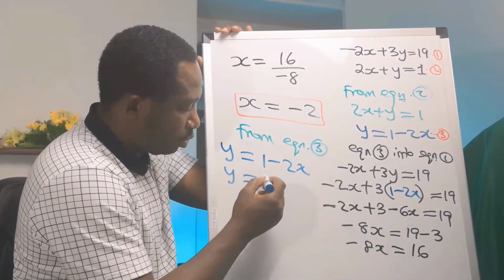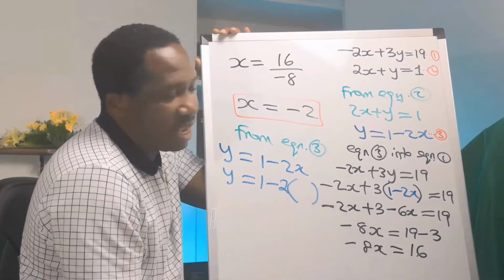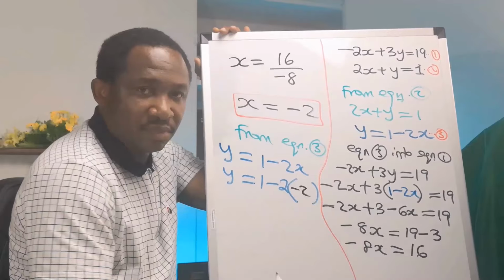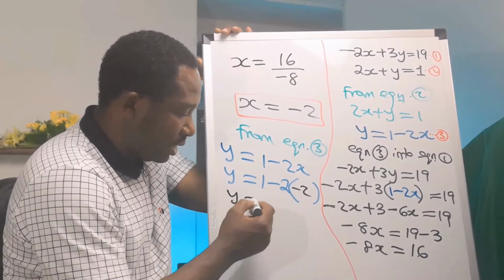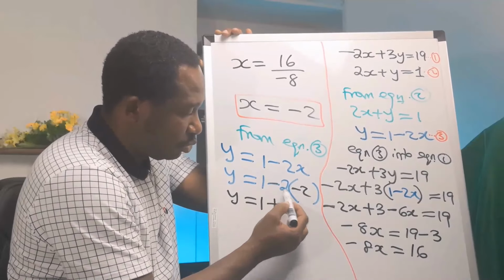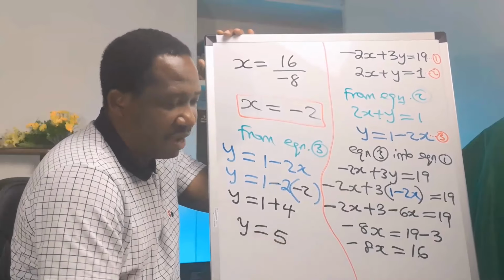The value of x is minus 2. Hence, we're going to have that y is 1, minus times minus is plus, 2 times 2 is 4. You can see that y is 5.